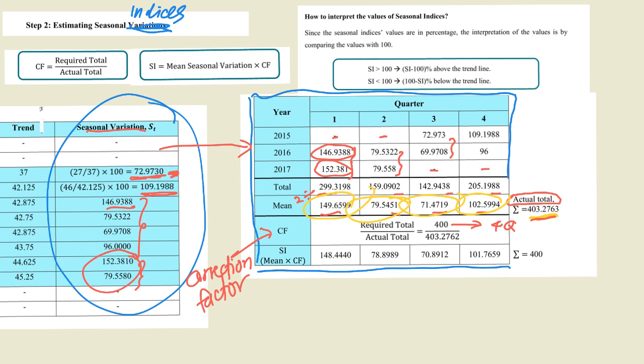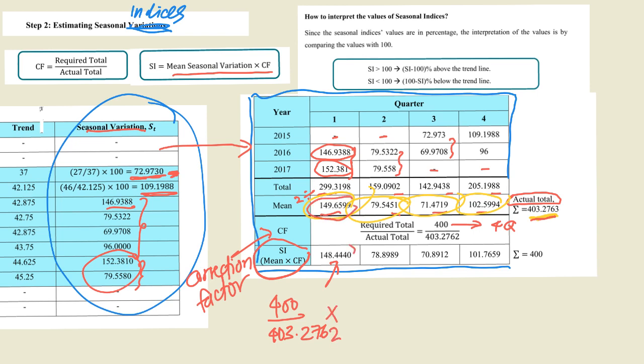Don't press the calculator. And then you're going to get, so this is what we want actually from this table. In order for you to calculate the seasonal indices, mean multiplied by correction factor. So you get this value 148.4440 from correction factor 400 divided by 403.2762 multiply with the first mean.